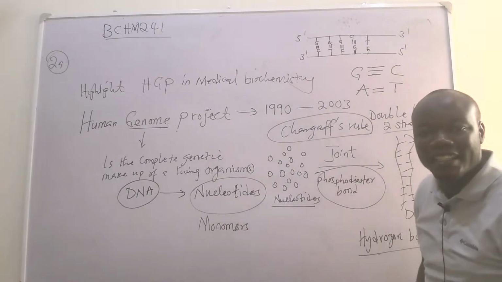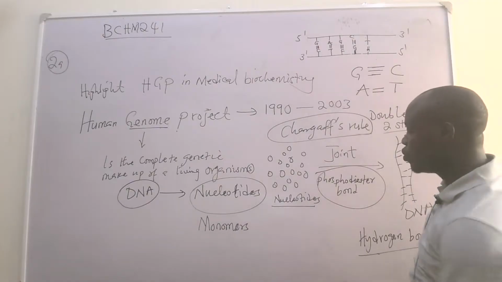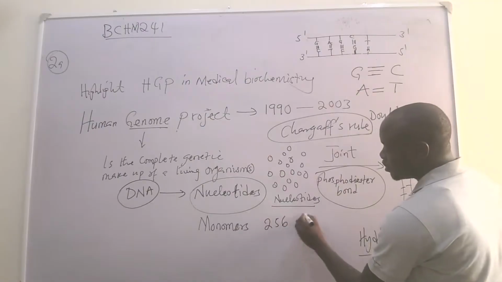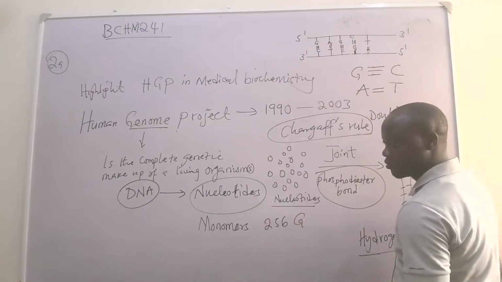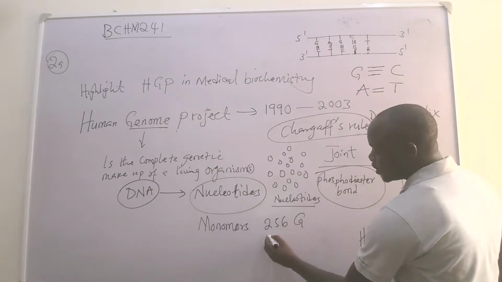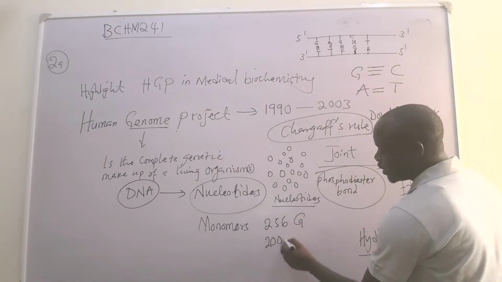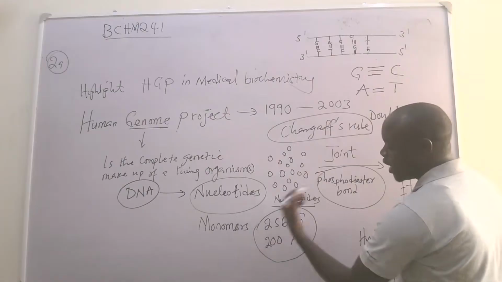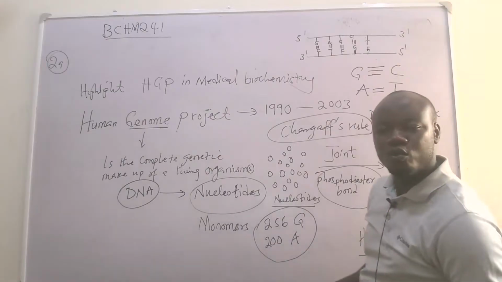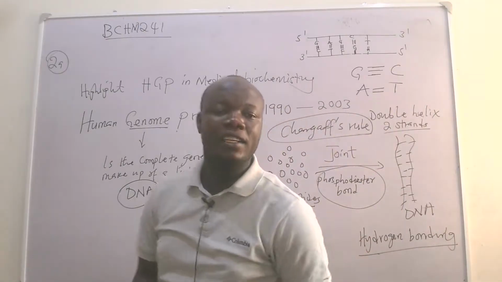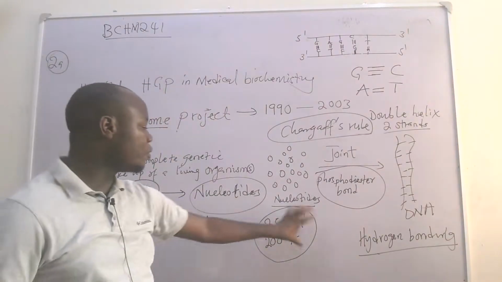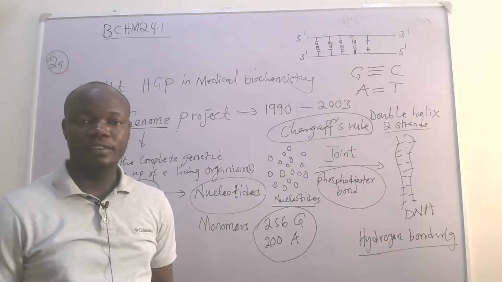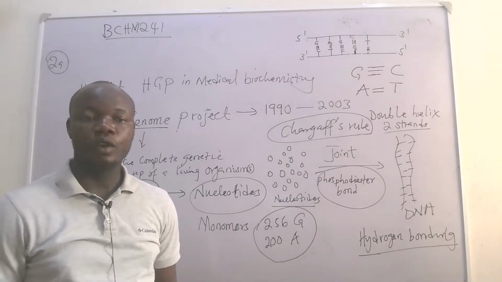So let's say, ladies and gentlemen, in a DNA molecule you have 256 guanine, and then you have, let's say, 200 adenine. If you are asked to define the number of nucleotides found in that DNA molecule, can you tell me the number of nucleotides?